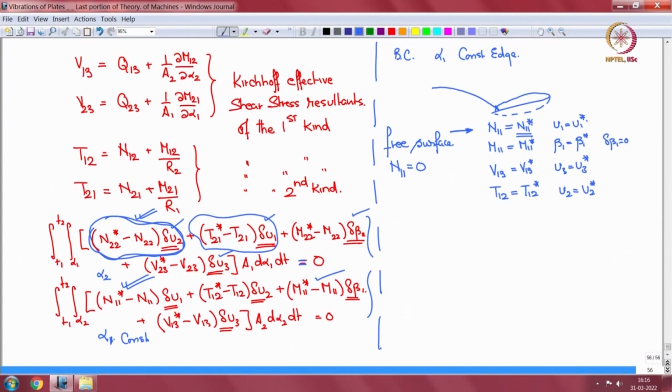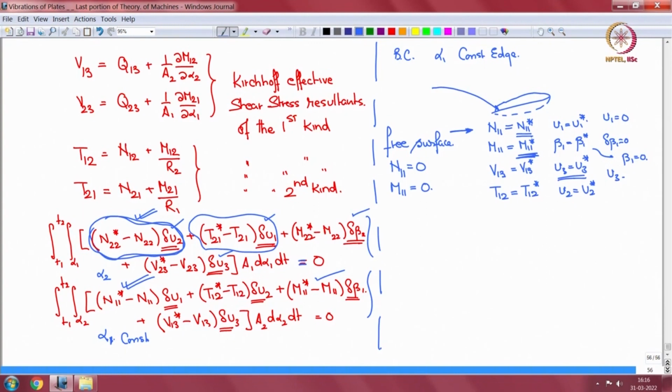Similarly, at a free surface, the exterior moment is 0, and therefore the boundary condition is M11 is 0. Or it is fixed in some manner, so that U1 is 0, or it is fixed in a manner that the slope is 0, and therefore beta 1 is 0, or it is supported in a manner that U3 is 0, and so forth.